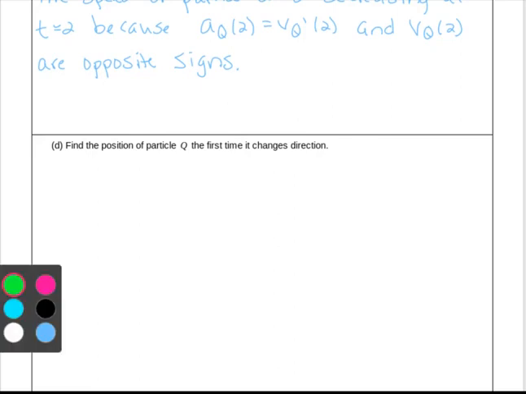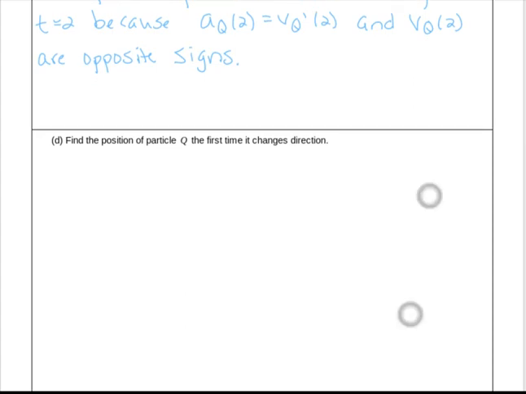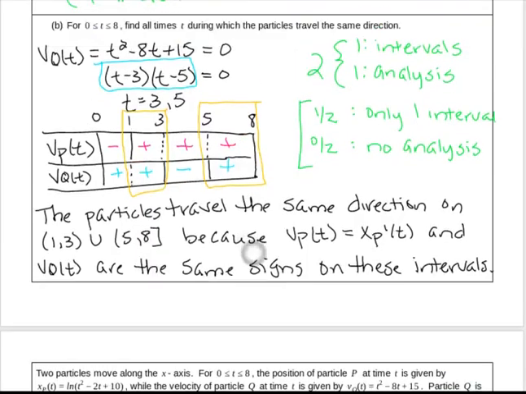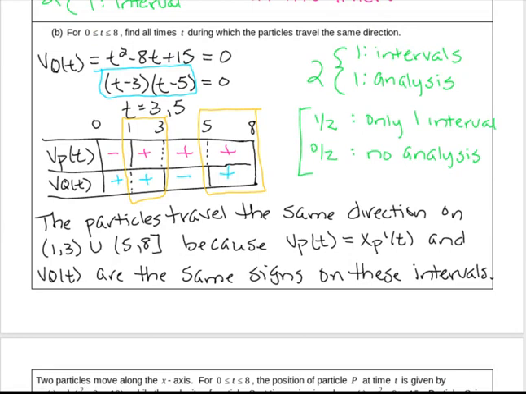And last but not least, in part D, we're asked to find the position of Q the first time it changes direction. We know that Q changes direction when the velocity changes signs. I'm just going to go back up to my sign chart, and I can see that the first time the velocity of q changes is right here at t equals 3.